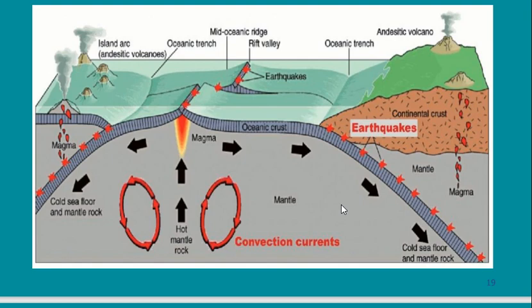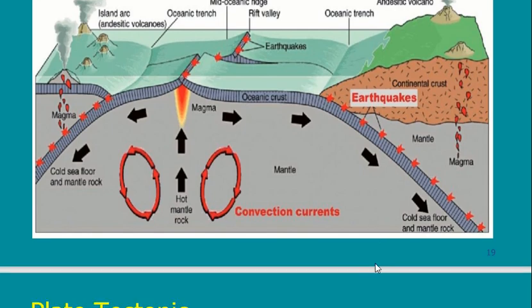There is a cycle taking millions of years so that this earth is shaped. So now you know how continents drifted away, how mountains emerged, how continents collided with each other, and so on.